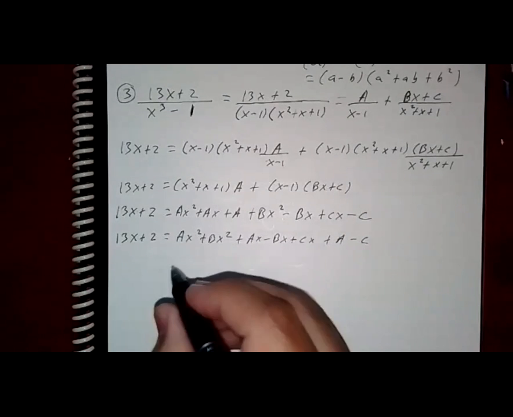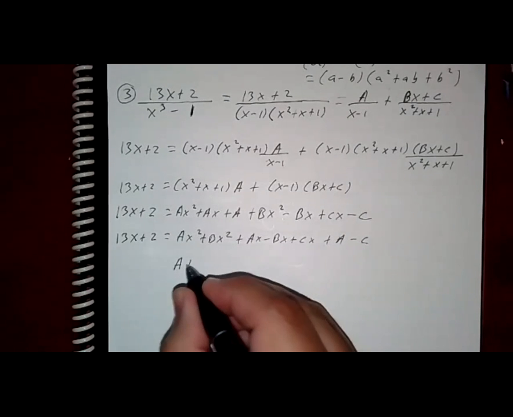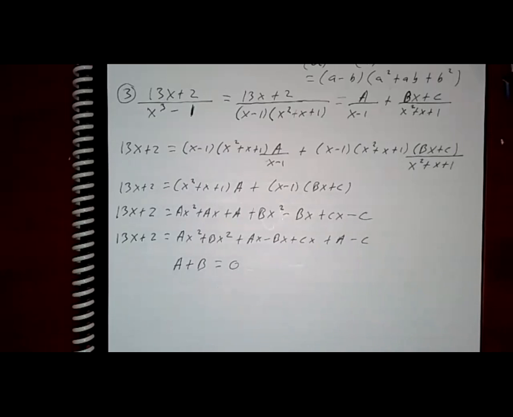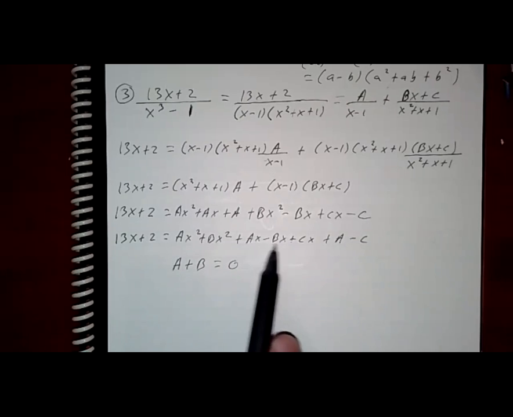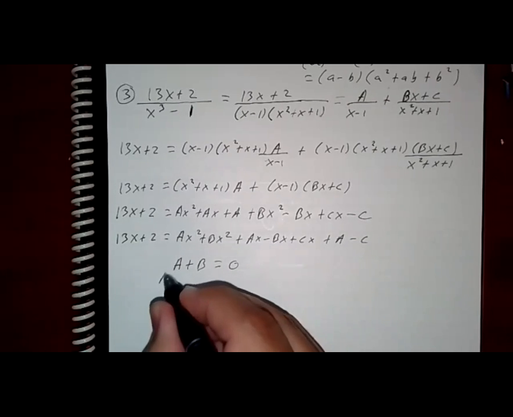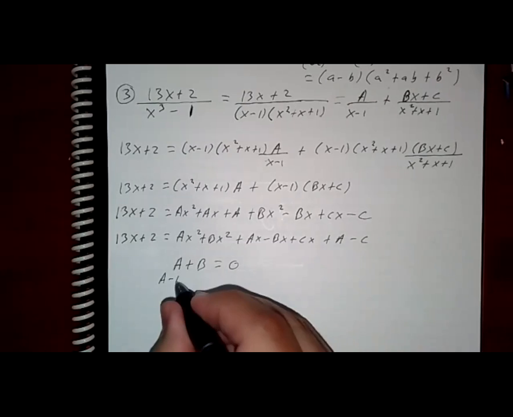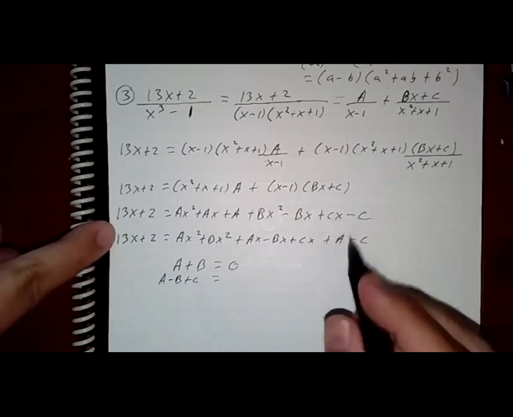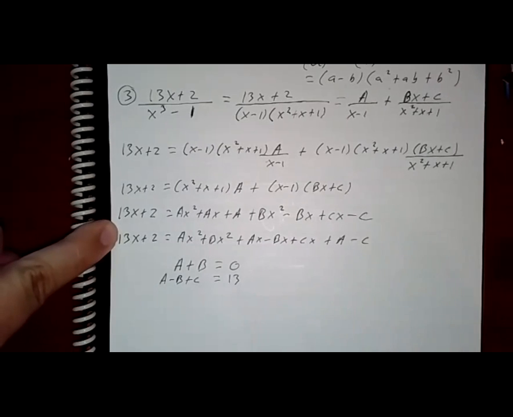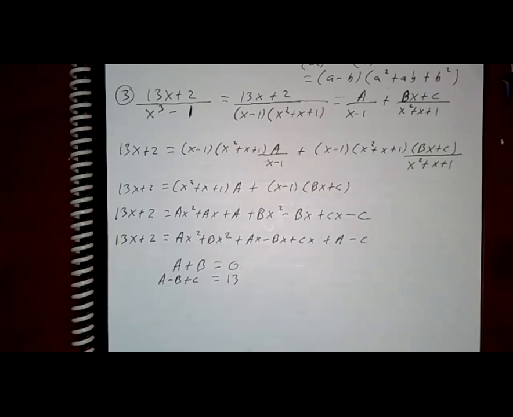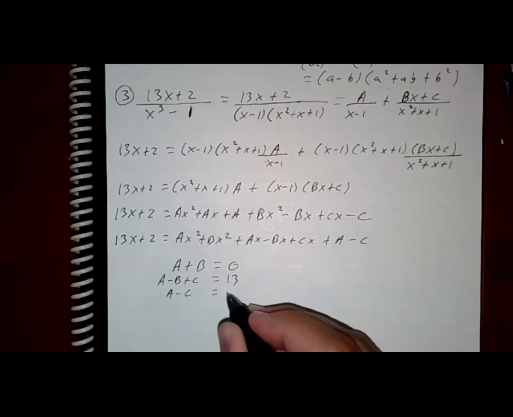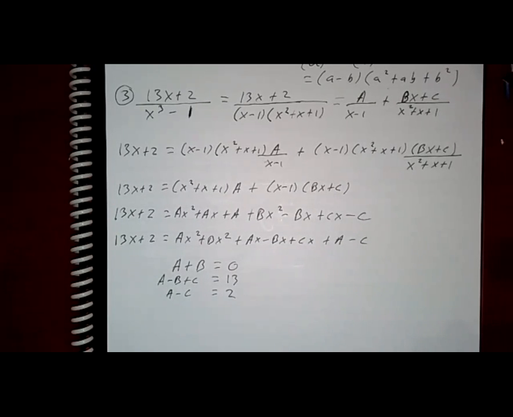So for the x squares, a plus b is equal to 0. There is no quadratic. So that's these two. The linear terms will be a minus b plus c equals the x term here, 13. All right. Then a minus c is equal to the constants, 2.